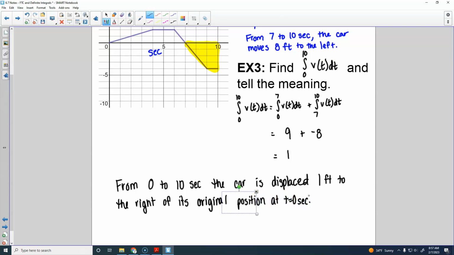So it's 1 foot to the right of where it started. There. You don't necessarily have to use the word displacement, but you want that idea of its distance from where the starting point was there.